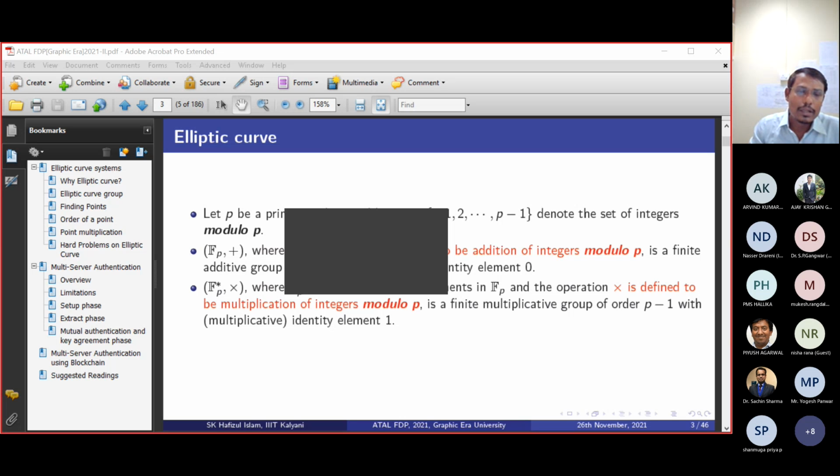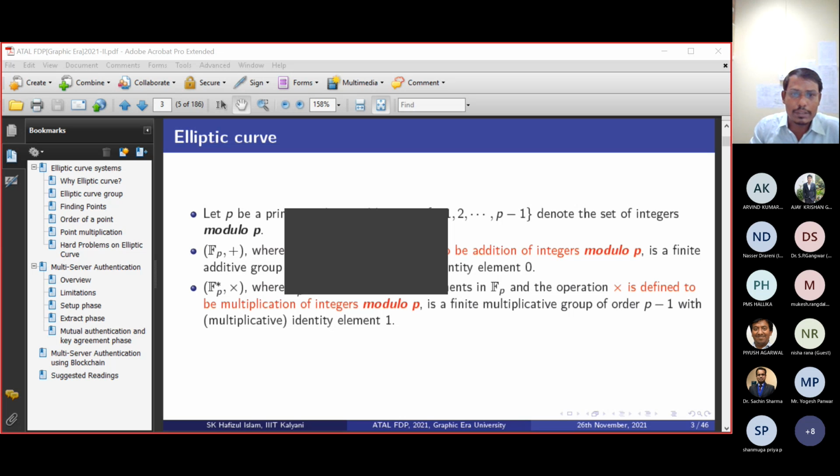So F p with addition is a commutative group, and F p star also forms a commutative group, together with the distributive property.